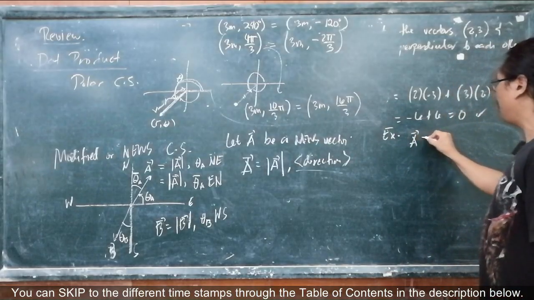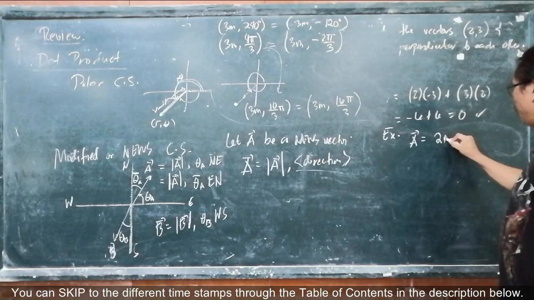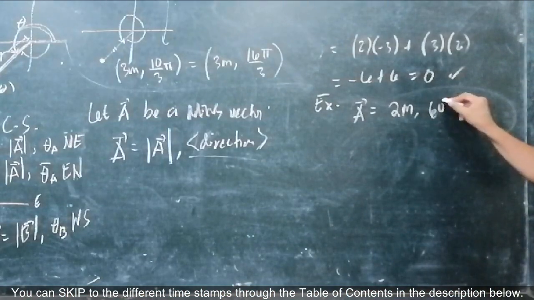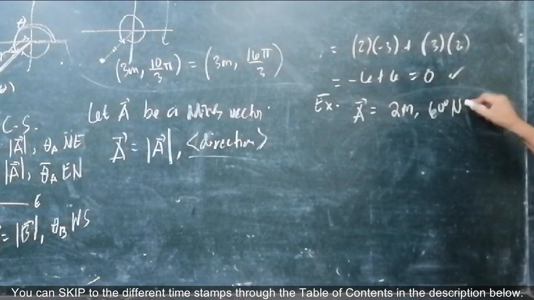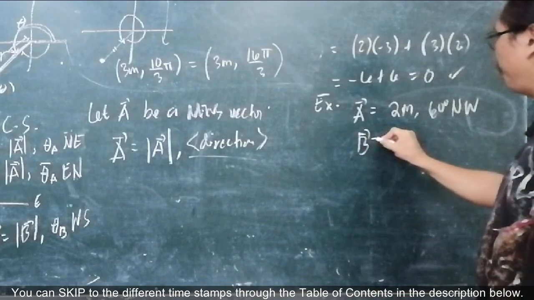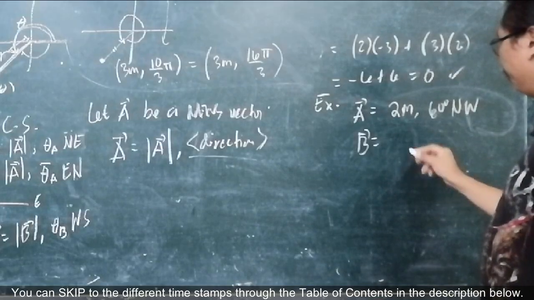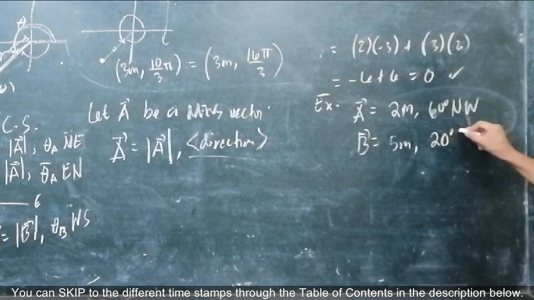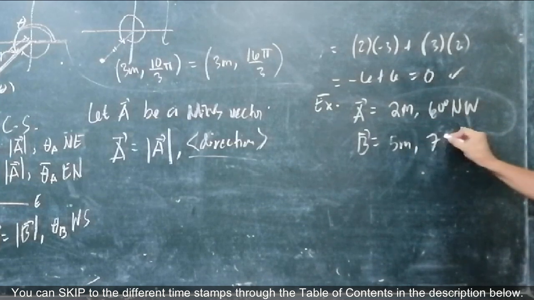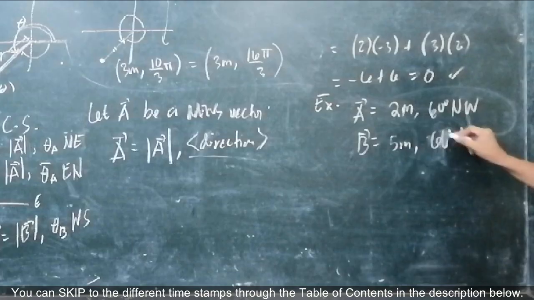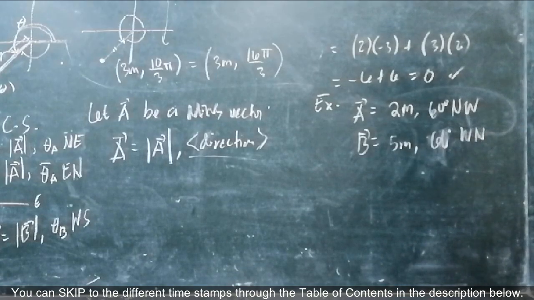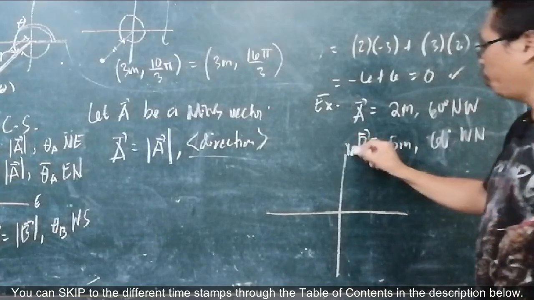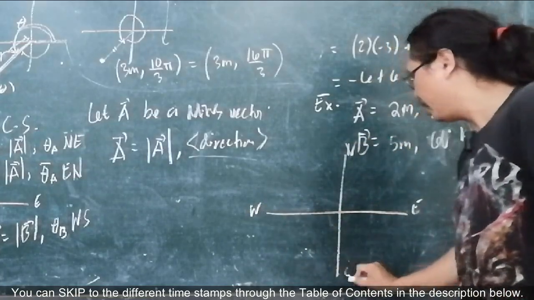A concrete example for that is that we can actually sketch these vectors. Let's say vector A is given by 2 meters, 60 degrees north of west, and some vector B as 5 meters, 60 degrees west of north. So, you have north, east, west, and south.